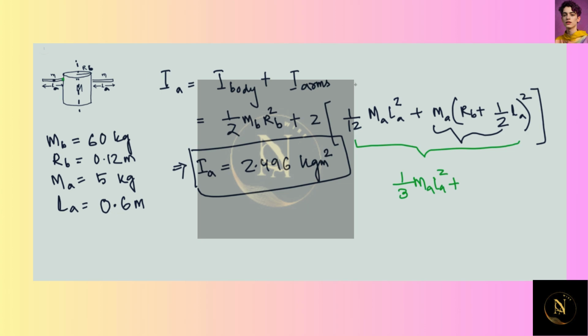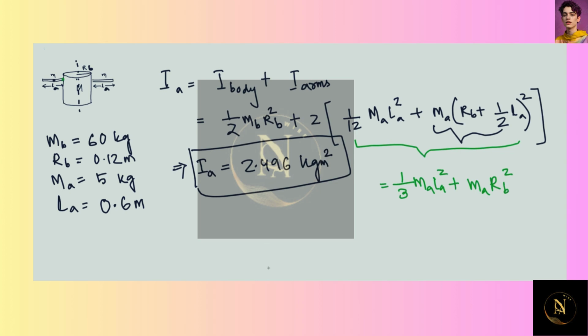Then by the parallel axis theorem, you take the moment of inertia of this gap, which will be ma times RB square. If you solve this equation and simplify, you will ultimately arrive at the same expression. So these two expressions are basically the same, and using either of them will yield the same result for the moment of inertia.